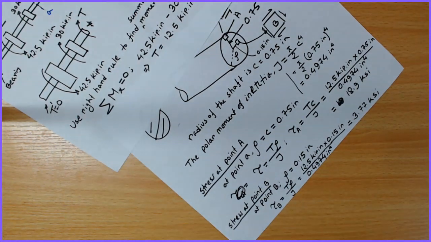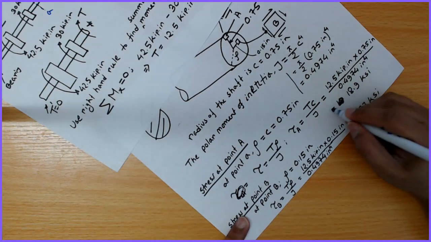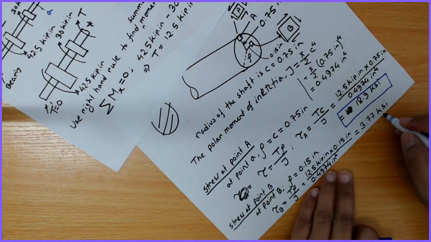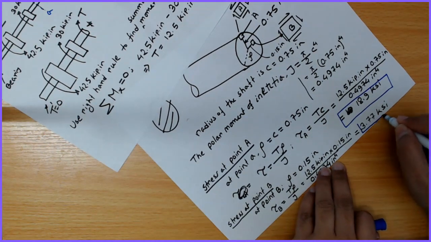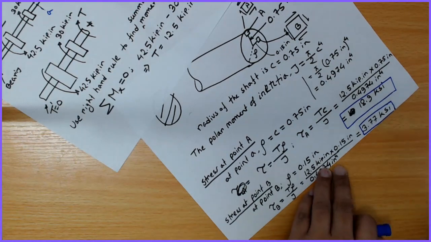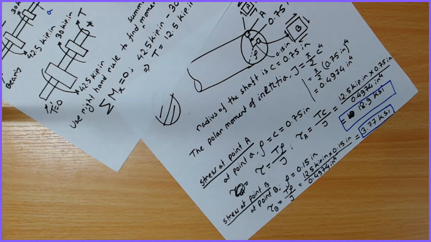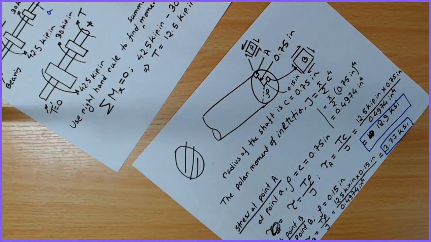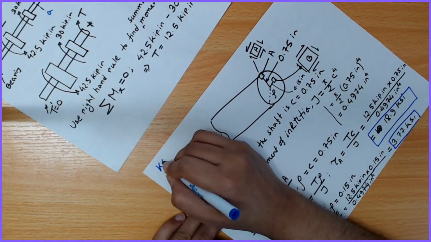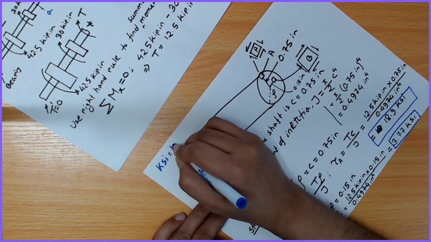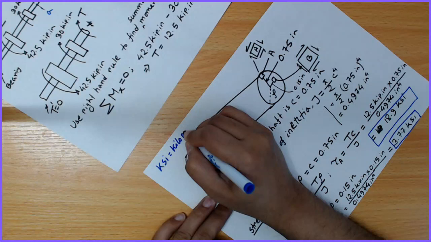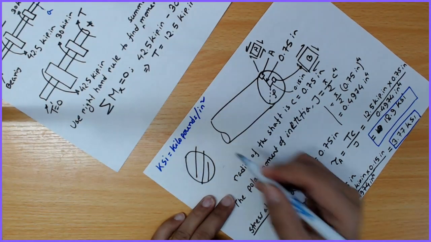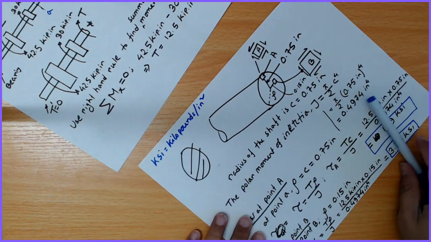So the stress at point A is 18.9 KSI, and the stress at point B is 3.77 kilopounds per inch square. Just to remind, KSI is kilopound per inch square.